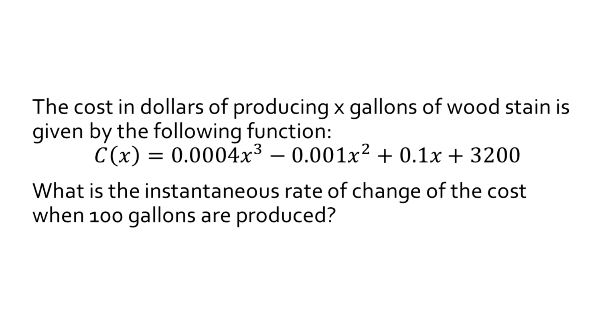The problem is, what is the instantaneous rate of change of the cost when 100 gallons are produced? Oh, we're looking for marginal cost. What is marginal cost? Marginal cost is how much the function increases as input or quantity increases.